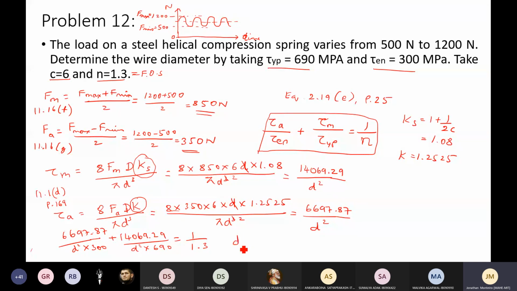So solving for d, then the standard value: 7.45. Yes, good. So the standard value comes out to be 7.5.